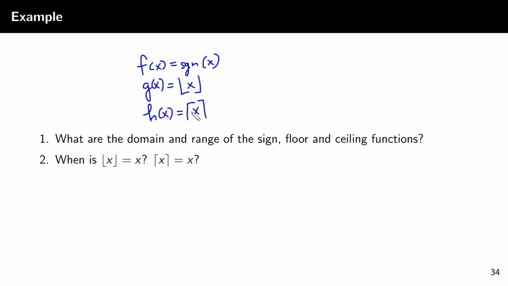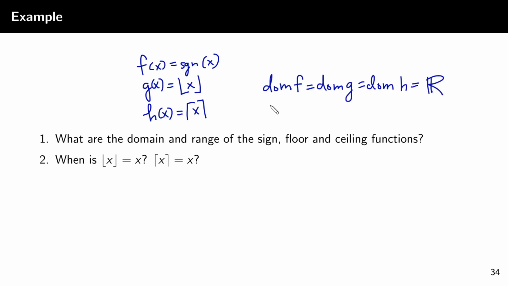Okay. So, lahat naman ng real number may floor, ceiling, tsaka sine. Okay. So, all of these three functions are defined for any real number. Yung domain nilang lahat, domain ng f is equal to the domain of g is equal to the domain of h is just a set of real numbers.